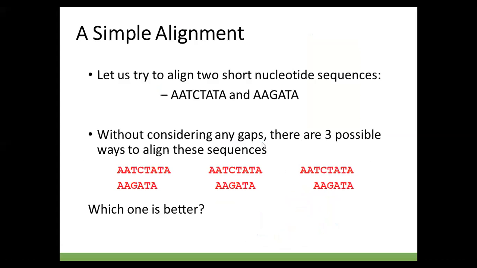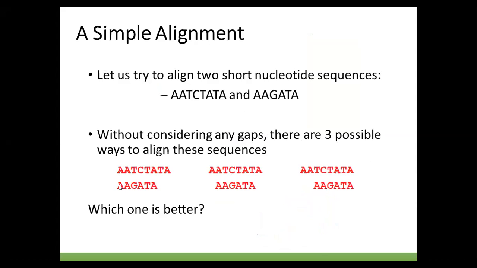Okay, so let's look at a simple alignment. To develop an algorithm, you should have a very good understanding of an alignment. What aspects do we need to consider in developing a tool to align two sequences? Let us try to align two short nucleotide sequences like this without considering any gaps. How many possible alignments can you do?